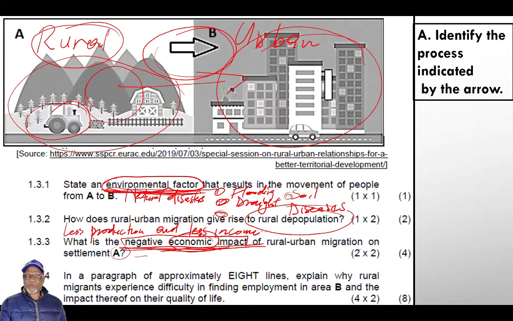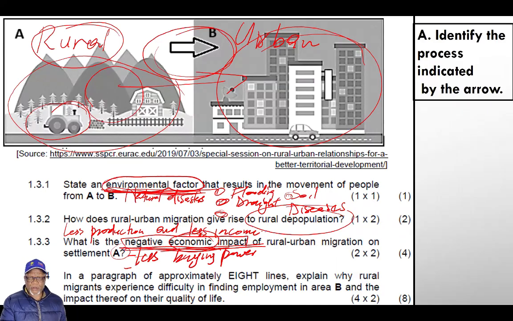So if the people move out, the businesses are closing, then we're going to have unemployment. Therefore, with unemployment, it means now there is less income. So what happens here? There is less buying power because of unemployment, and because of less buying power, the cycle of rural decay continues.